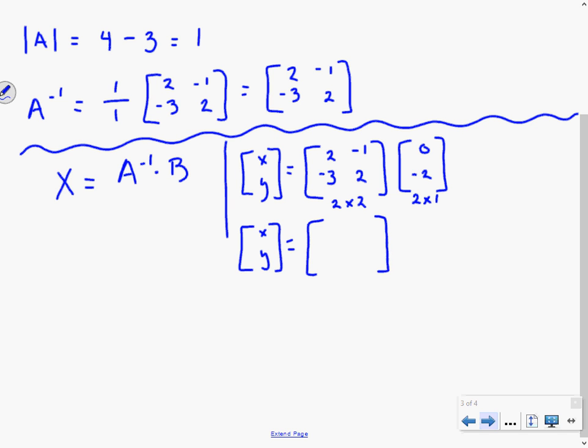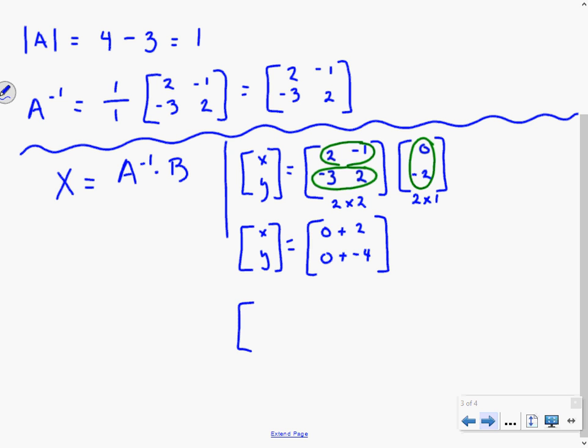So we need to take this row times the column here. 2 times 0 is 0, plus -1 times -2 is 2. And then to find the bottom row, we need to take the second row and multiply it with that column. -3 times 0 is 0, plus 2 times -2 is -4.